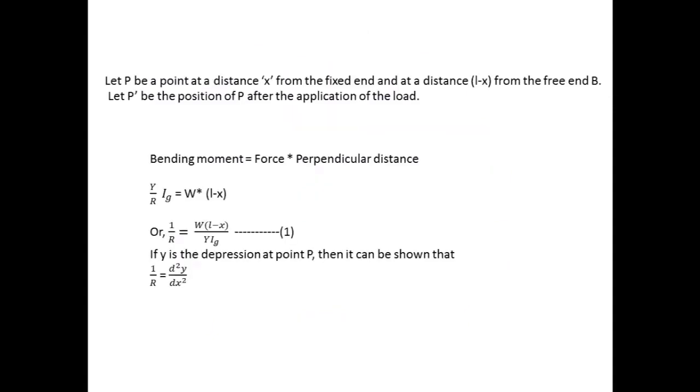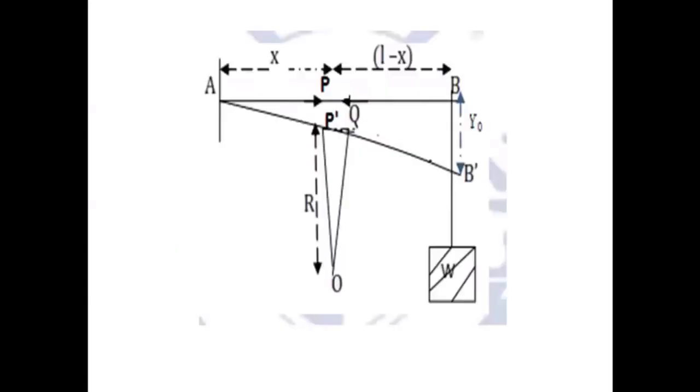The equation can be rewritten as 1 by R is equal to W into L minus x by Y into Ig. Now, Y is the depression at point P, so we can build up a relation mathematically and prove that 1 by R is equal to d square y by dx square. The point P has shifted to P dash.